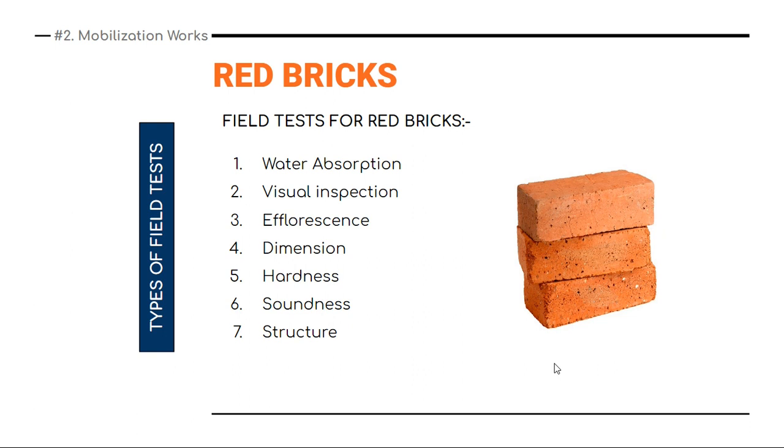So it is not good for the construction, right? So always visually inspect the brick before taking it. Then efflorescence, you need to understand that it should be red color, and if it is more whitish, then it is not good, because a certain kind of efflorescence chemical reaction has occurred, and the brick quality is deteriorating, right?